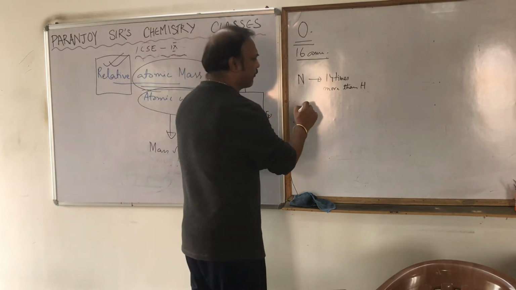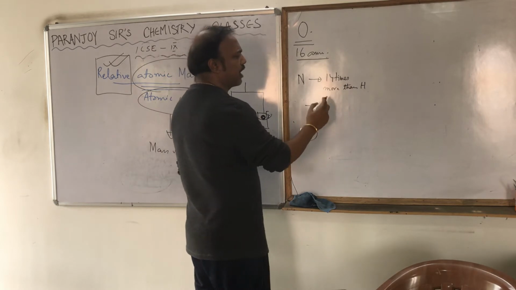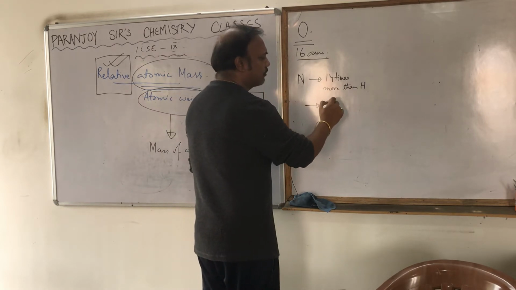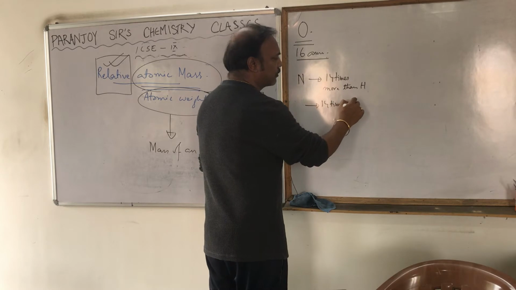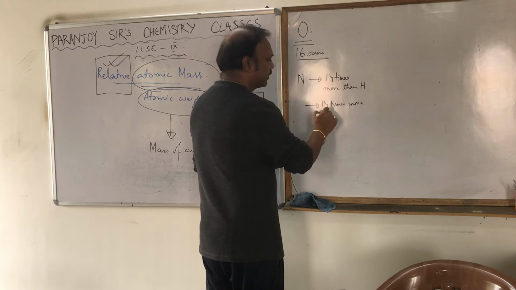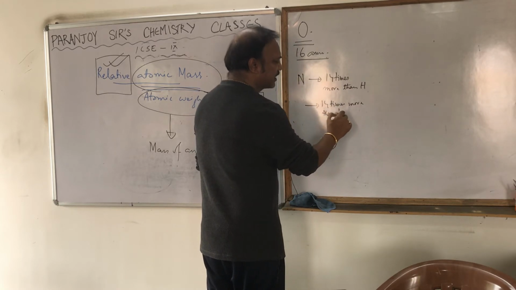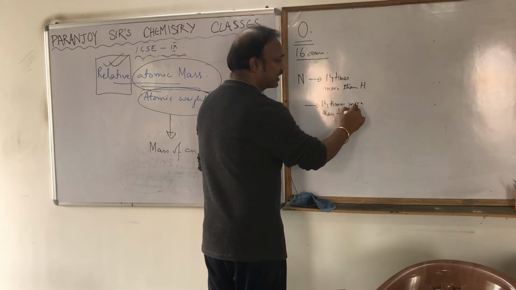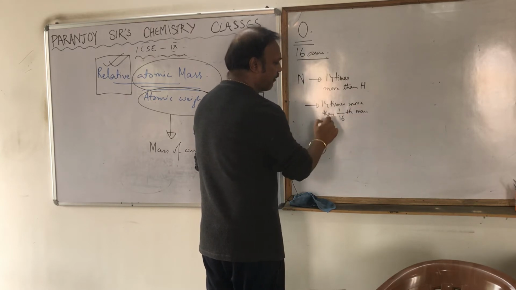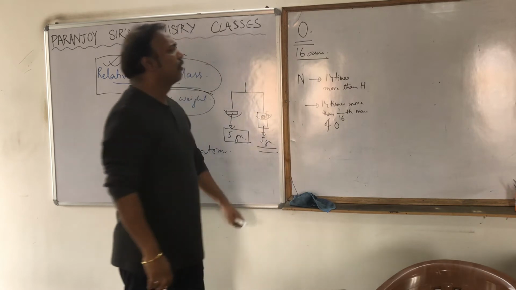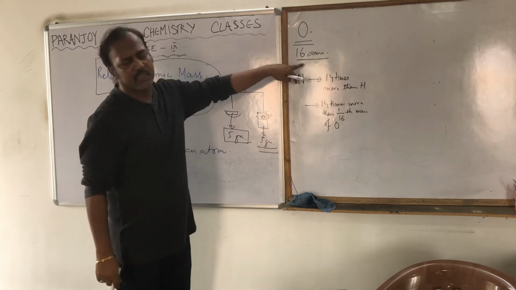Then in terms of oxygen, they found nitrogen's mass as 14 times more than 1/16th of the mass of oxygen. One oxygen has got 16 AMU.